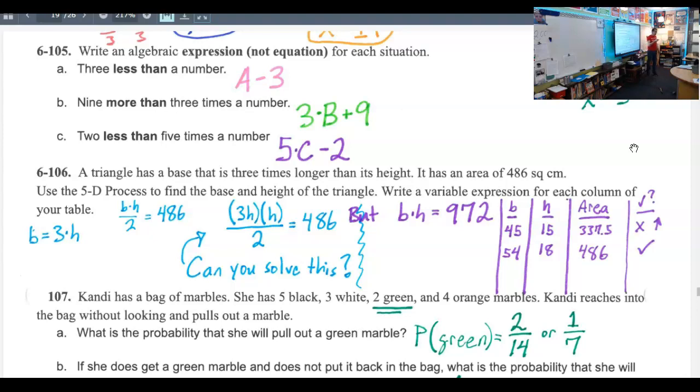Where I got this 972, I doubled the 486 and said, oh, base times height should equal that. So when we divide by 2, we get this, right? Base times height should be 972 because 972 divided by 2 equals the area they told me I want. But for a triangle, base times height, divide by 2.